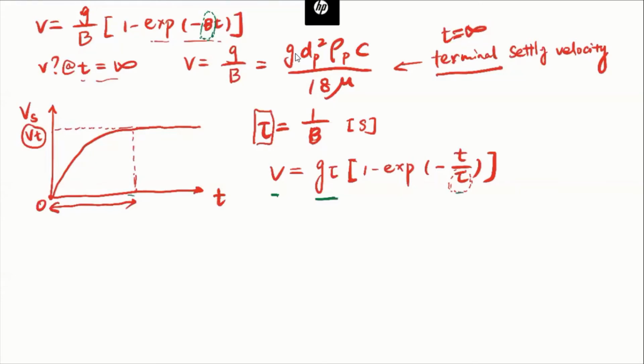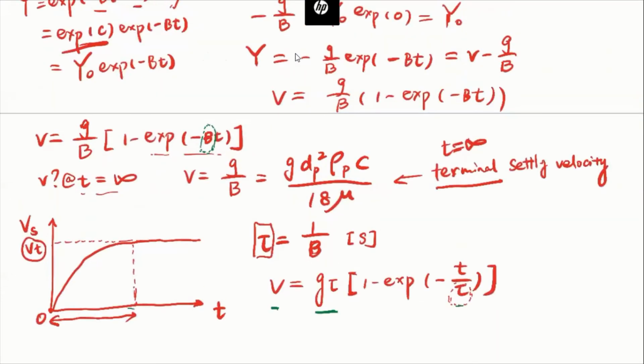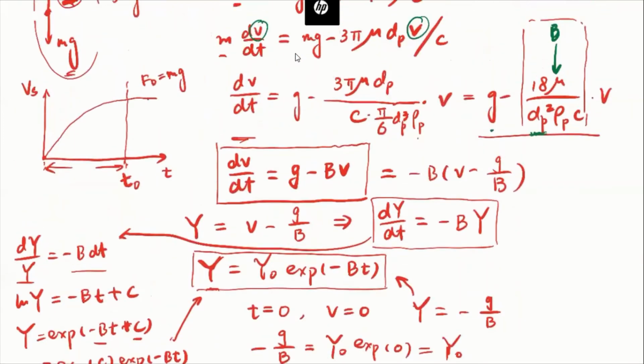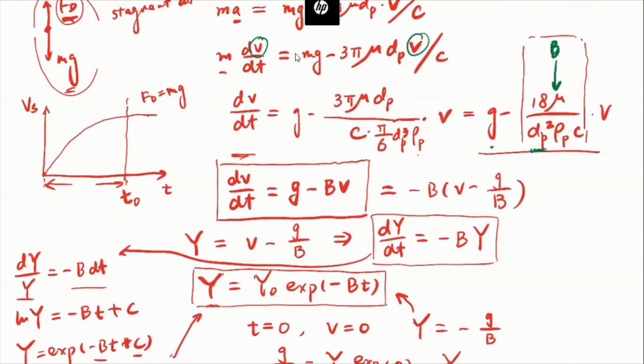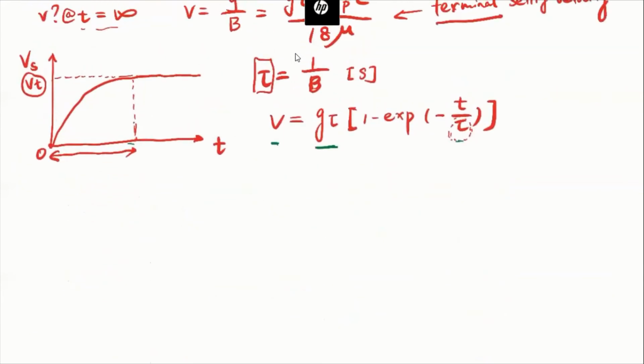So what is tau? We have b equal to this whole term here, right? Tau is just the reverse of this term. We have tau equal to dp squared rho p C divided by 18 mu. Okay, so to confirm that our thought is correct, which means that this tau is a term that's related with time, let's just quickly substitute the units here. So you have dp, which is in meters, squared, right?